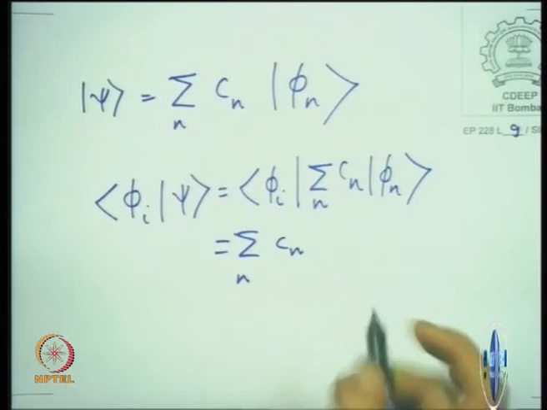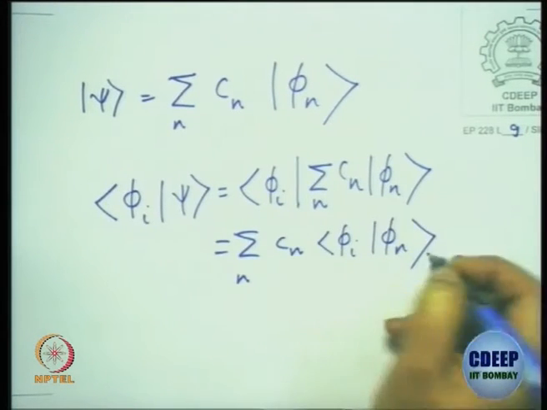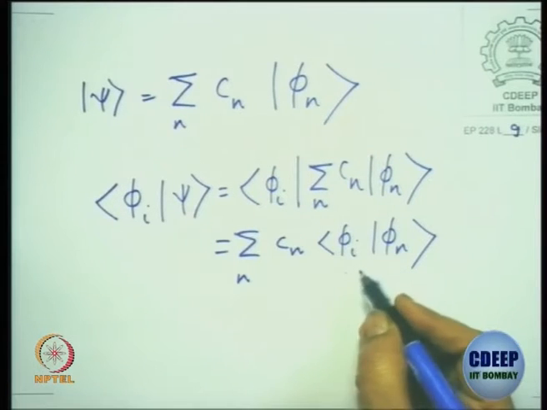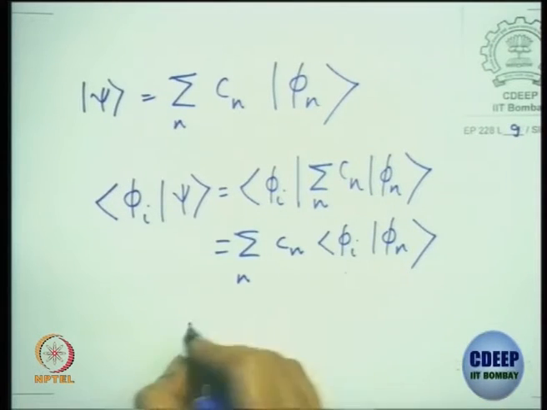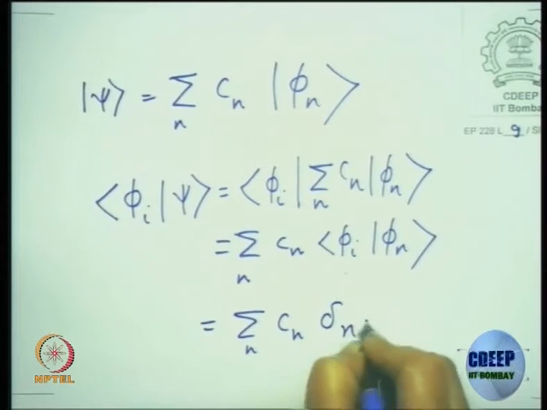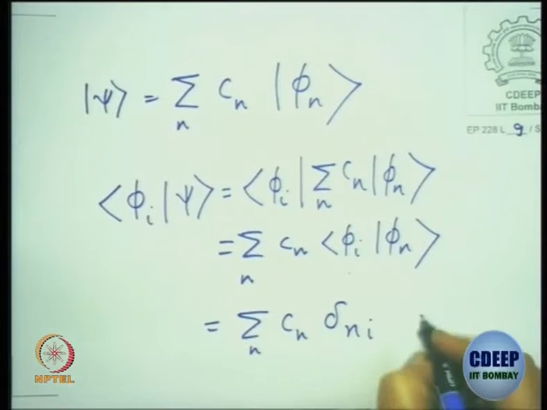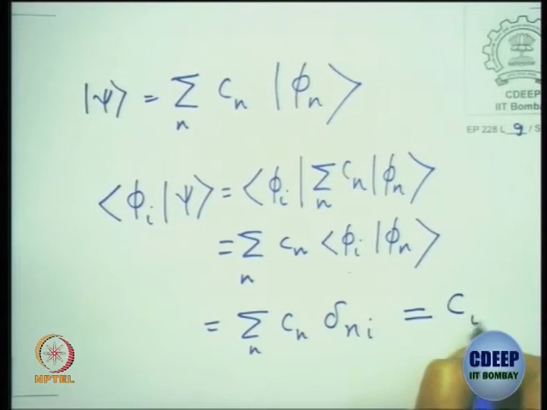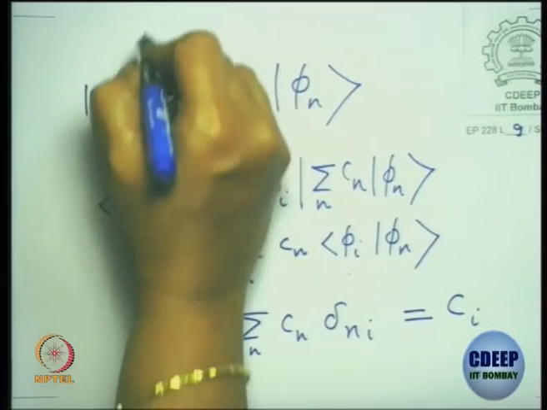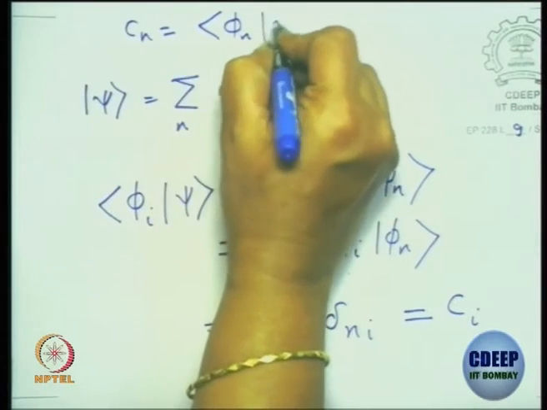I can take out the Cn and you will have phi I with phi n. What is this? This is the orthonormality condition. It will give you a delta Ni. So you will have summation over n Cn delta Nn. So only when n is equal to I it is going to contribute, the summation will be gone and you will get Ci. So what we have shown here is the Cn's are nothing but the inner product of phi n's with psi.